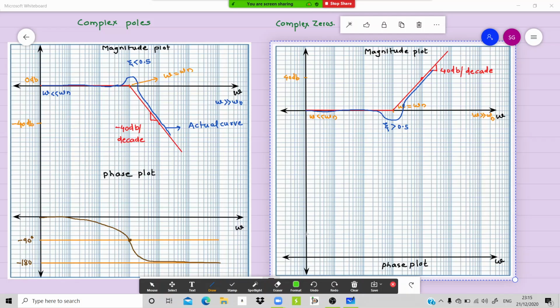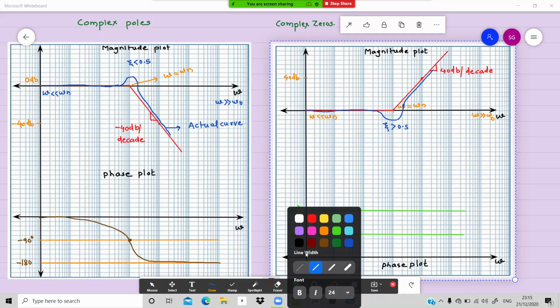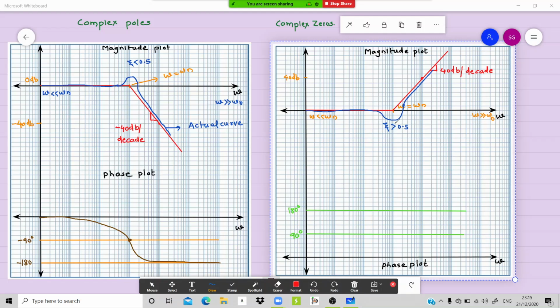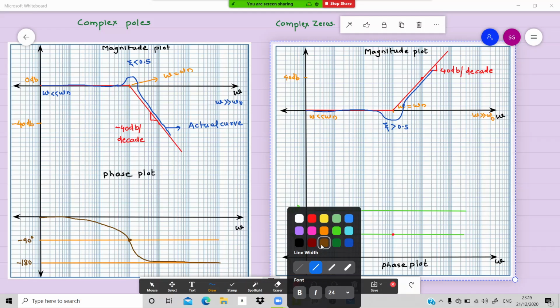Let us say this is 90 and this is 180. So I'll write it over here, plus 90 and 180 degree. So at this point, let me draw the point. At this frequency, it is going to be 90. So I'll draw the curve.